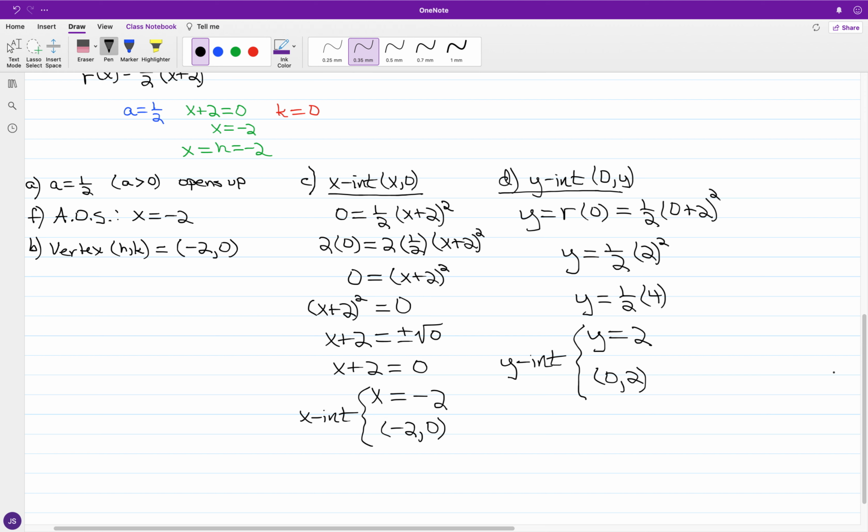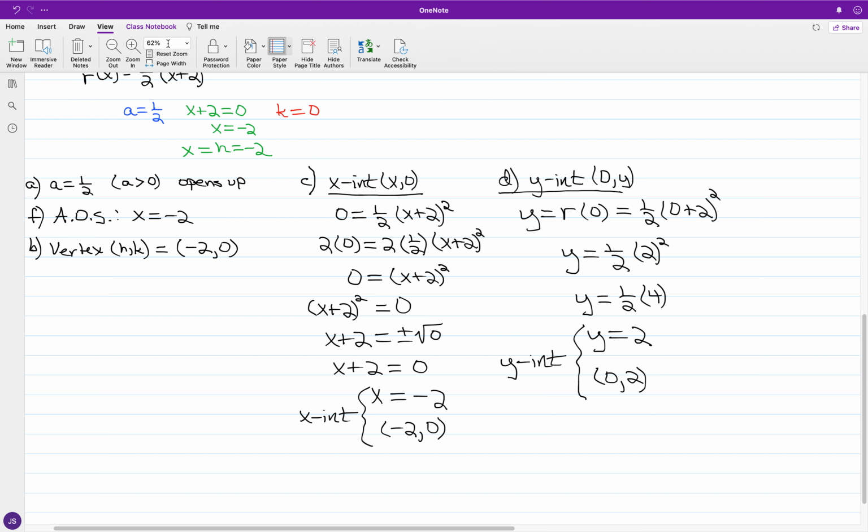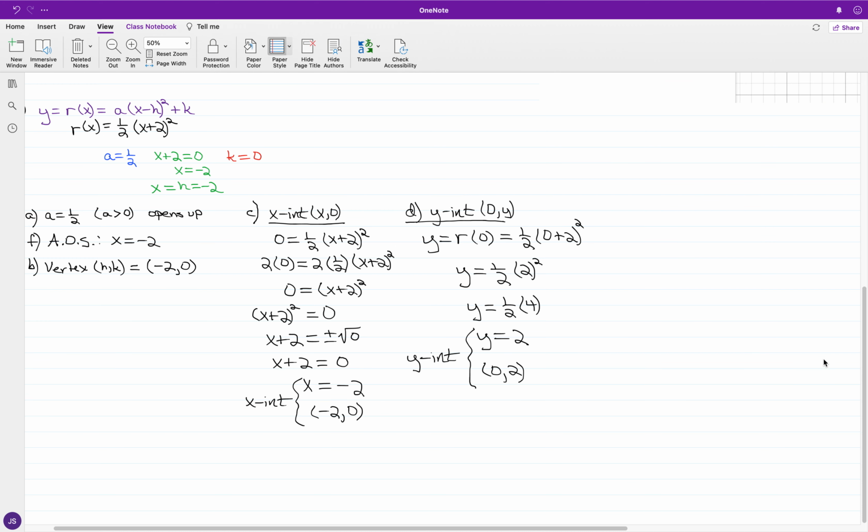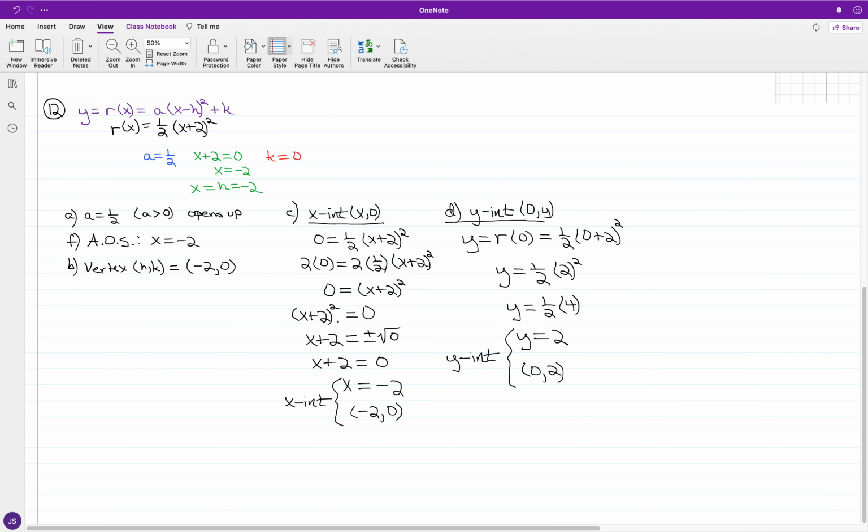All right. So just looking at what we have from a visual standpoint, this is a case where the vertex and the x-intercept are one and the same. So right now we have just 2 distinct points identified.